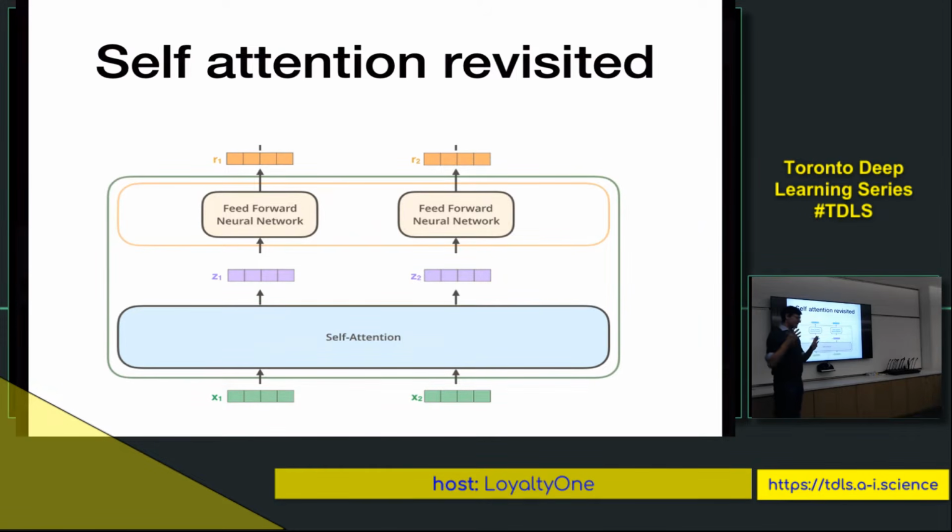And in a nutshell, an attention unit takes a part of the sequence as an input. It applies self-attention on each individual element of the sequence, and gets these hidden attention embeddings. And then they use a feed-forward neural network to get the embeddings out.